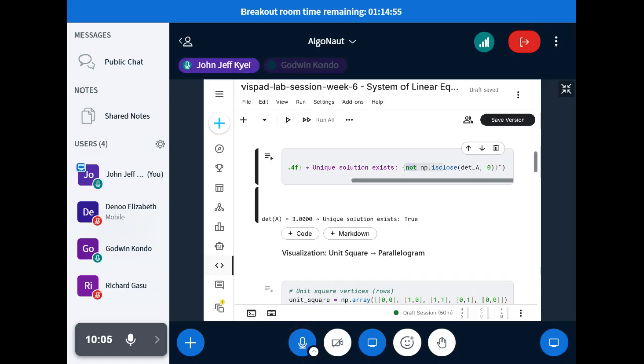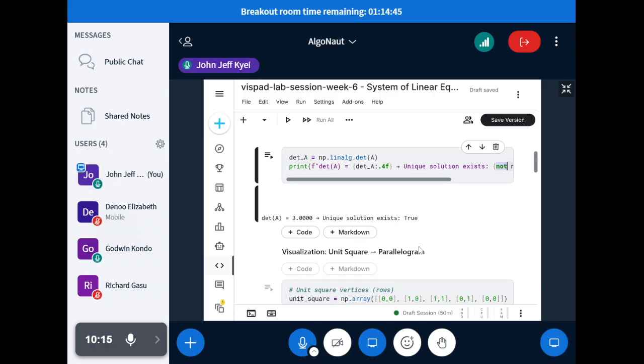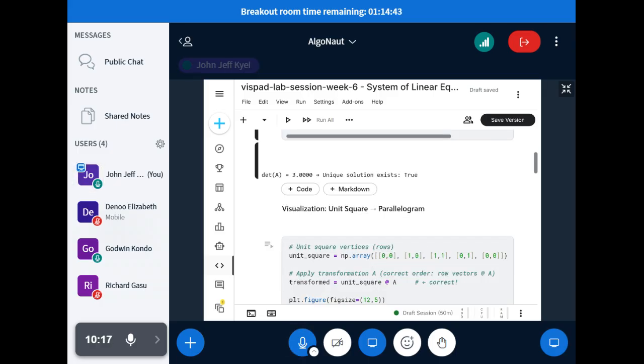Okay, so that's what we're doing, just checking the determinants. And once we have a unique solution, we can go ahead and solve the system, and we are sure that we'll get actual values, since the system has a solution.